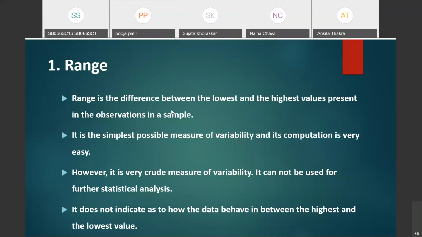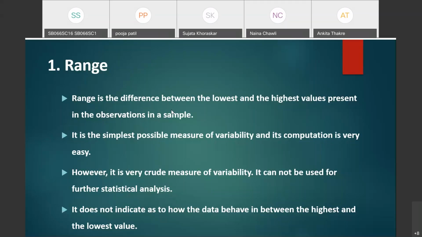That's why we say it is the simplest possible measure of variability, and its computation is very easy. You can easily calculate the highest and the lowest value of the sample. However, it is a very crude measure of variability.